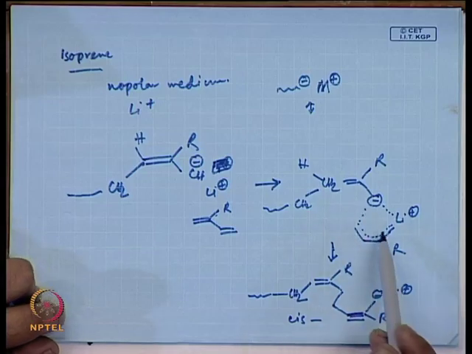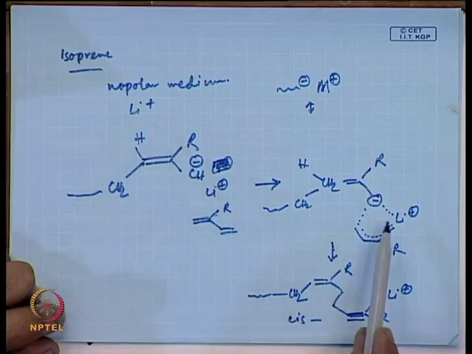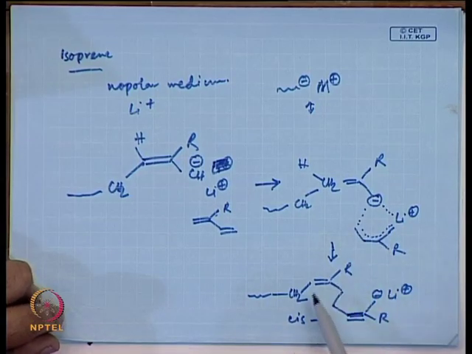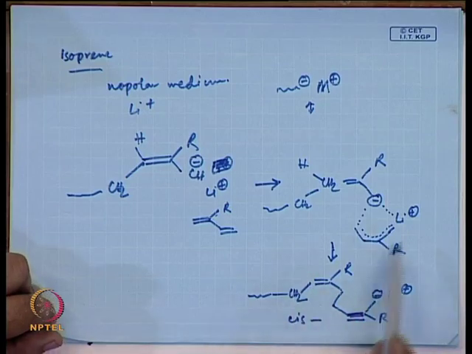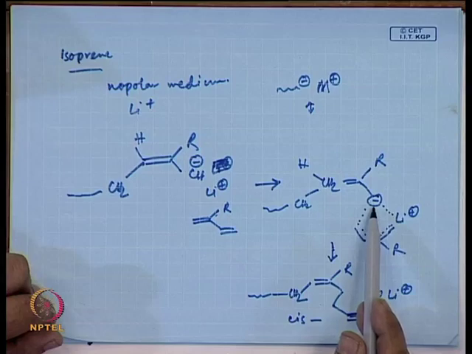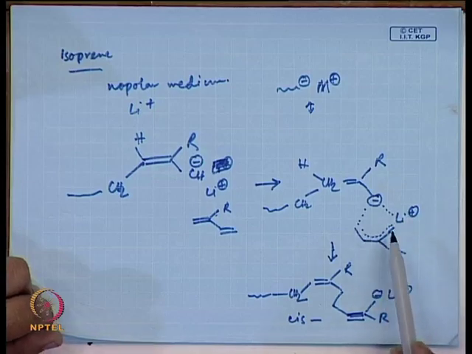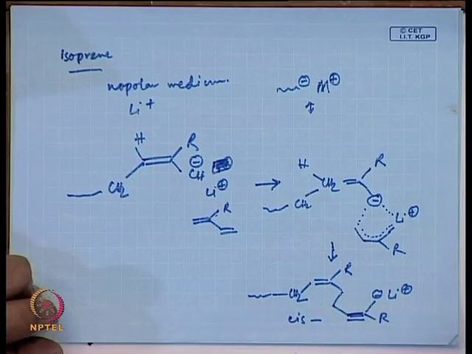So, if the medium is non-polar and your counter ion size is lower, then there will be a possibility of an intermediate formation by coordination between the anionic chain end and the incoming monomer, and that will lead to cis product formation, whereas if you increase the polarity of the medium, then obviously the active chain end and the counter ion will be well separated, well solvated. So, they will be apart from each other. So, there will not be any possibility of this type of intermediate formation. So, as usual the trans product will be dominant.